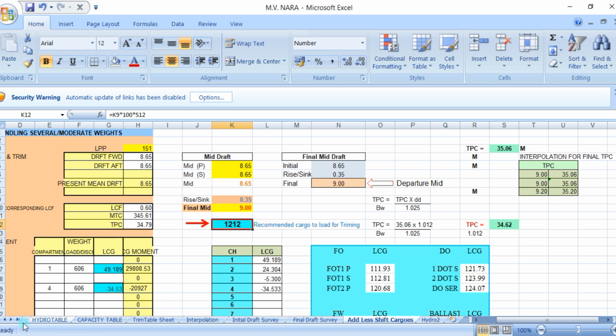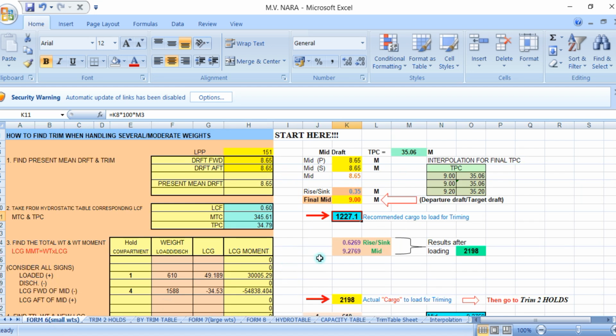But in actual practice, you don't use the density because in reading this actual initial draft, you already know that is the present density. So you can compute how much cargo to load for reaching this 9 meters. So we distribute it to hold 1 and 4.